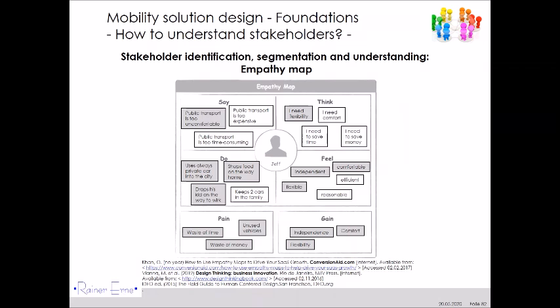You can see here in the last two sections the waste of time in congestions, the unused vehicle at home, the waste of money because having two cars costs money. Those are the pain points. And these are the points you can use as a starting point for developing alternative mobility solutions.